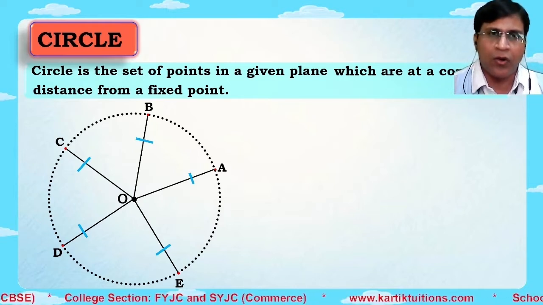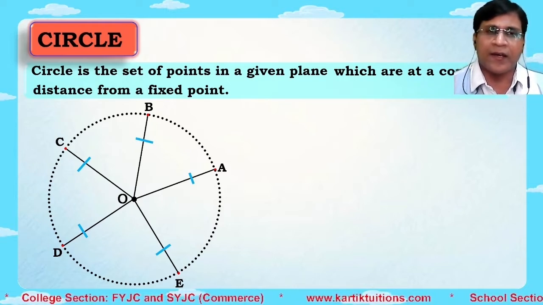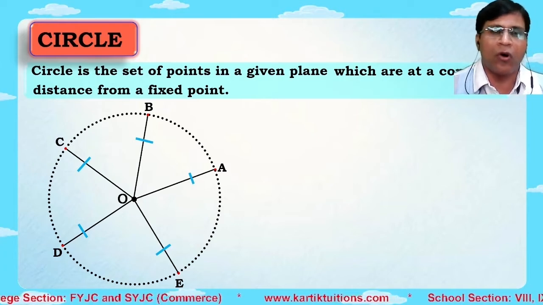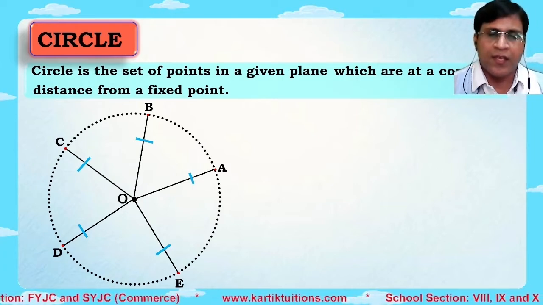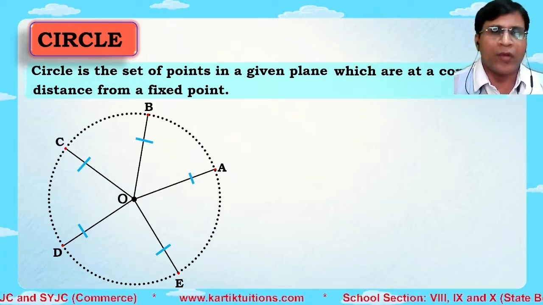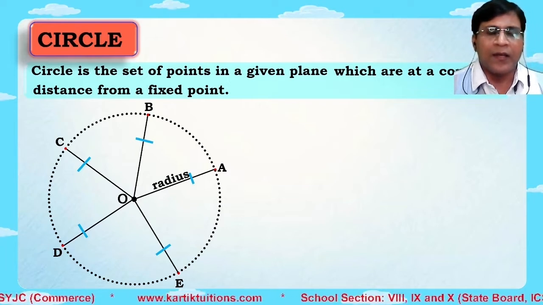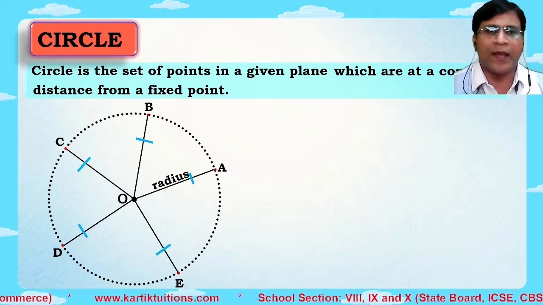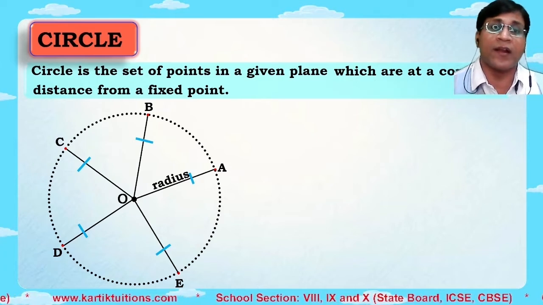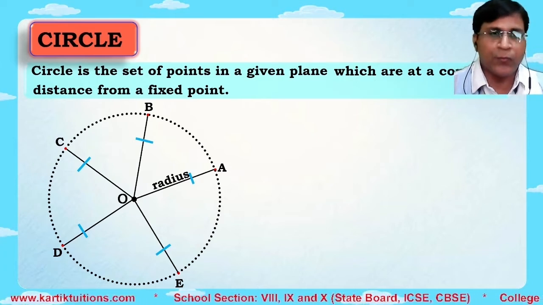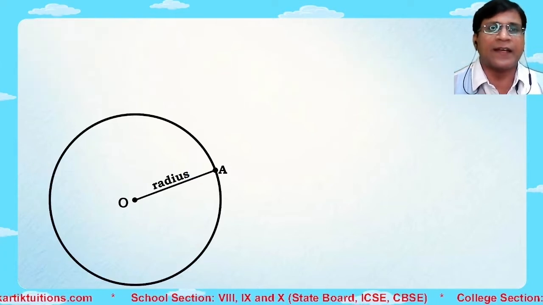For example, here all these 5 points are at an equal distance from the point O of 4 cm. Hence, when you join all these points, you get a circle, and the distance between that fixed point and the point on the circle is our radius. And this fixed point is nothing else but our center.